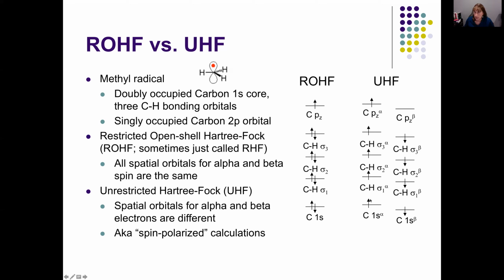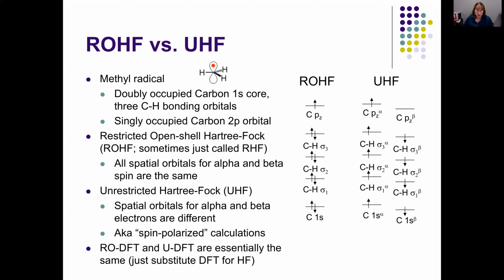In this case, we'll have an upspin electron in the 1s alpha orbital and a downspin electron in the 1s beta, and we can continue on. Again, these energies and coefficients don't have to be the same. It accounts for the fact that this alpha electron will interact differently with the other alpha electrons than it will with the beta electrons.